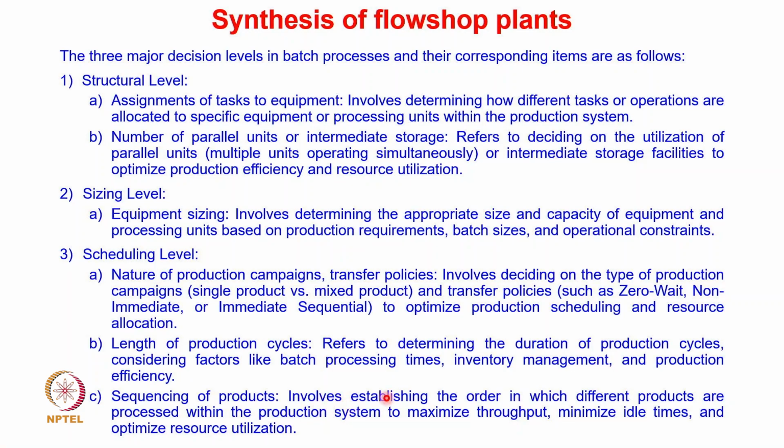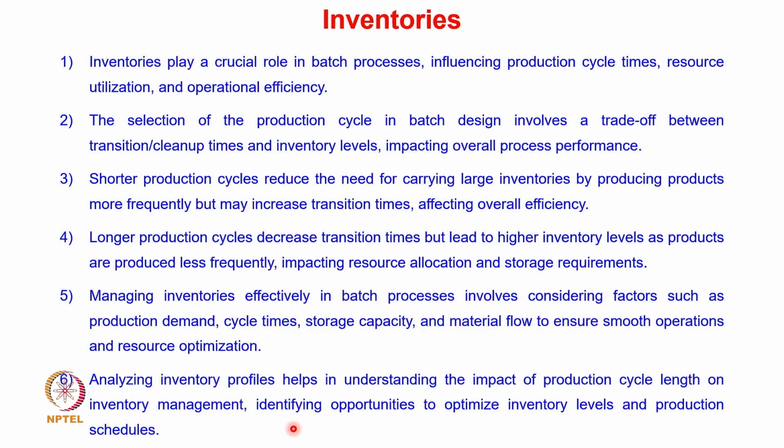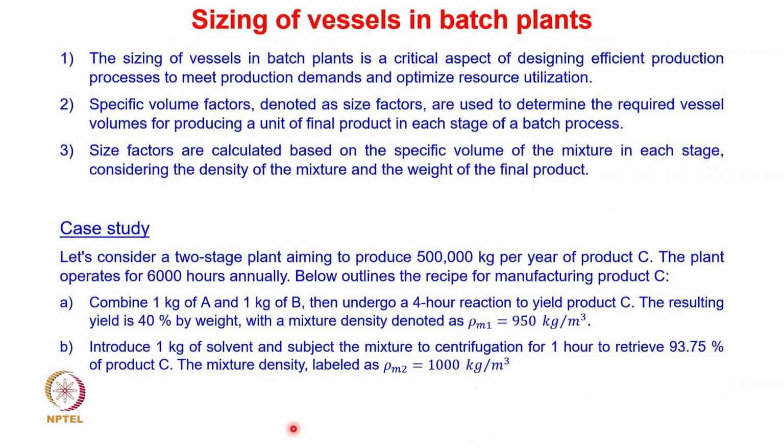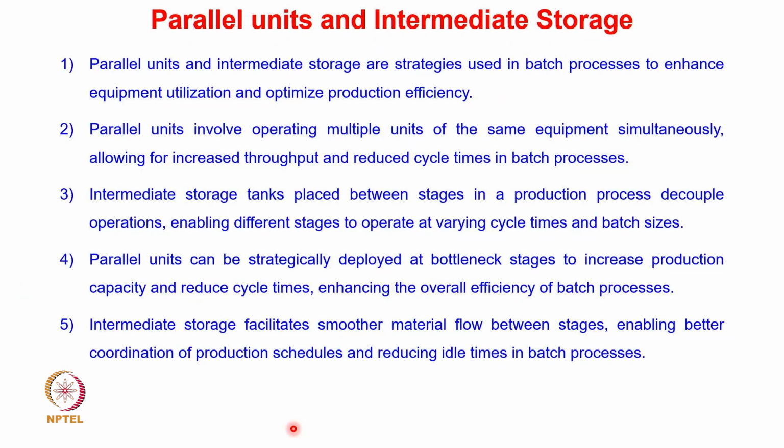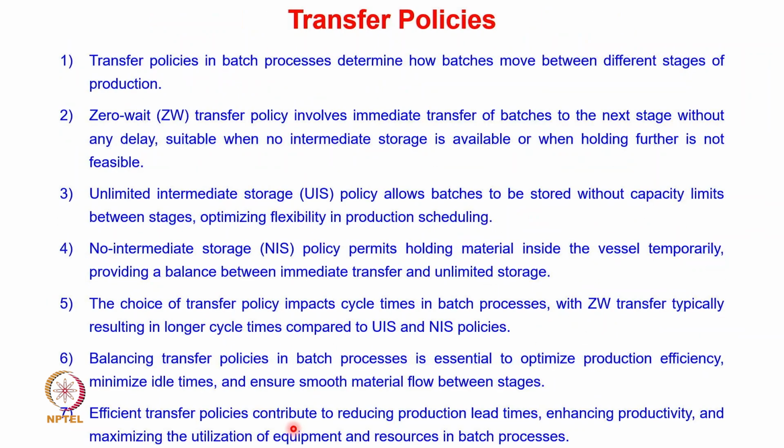So this involves establishing the order in which the different products are processed within the production system to maximize the throughput, minimize the idle times, and optimize the resource utilization. So basically what we are trying to say in the last point is that, in this particular case, we have multiple products.